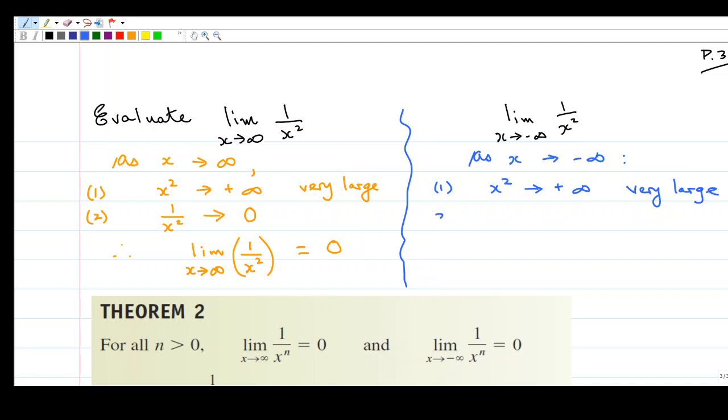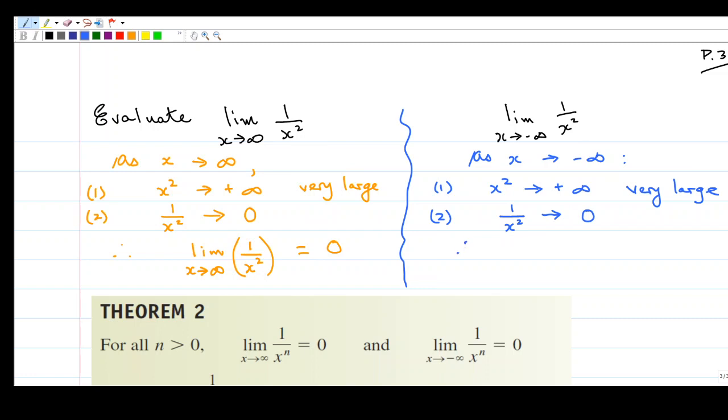So 1 divided by a very large number, and the denominator is going to become larger and larger, a positive, larger and larger value. So because the numerator is fixed at 1, this fraction is going to approach 0.